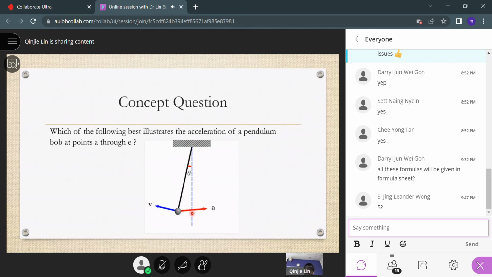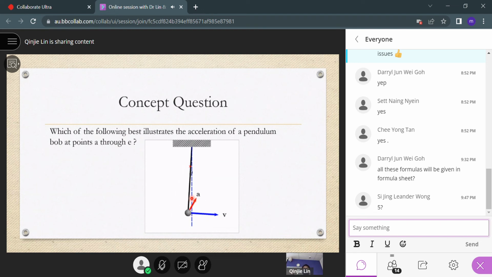Then if you look at another interesting point, which is at the bottom here, right, as it passes through the bottom, it is currently moving, correct? So you are moving in circular motion. Okay, but then at that point, is it trying to slow down or speed up? Nothing, right? It is not trying to slow down or speed up, because just nice is in the middle.